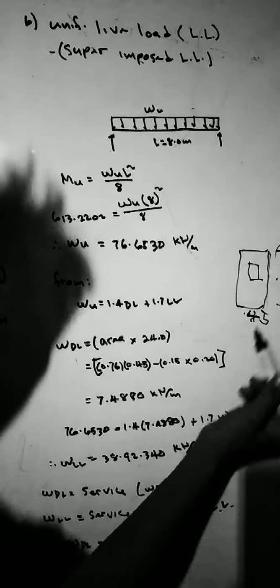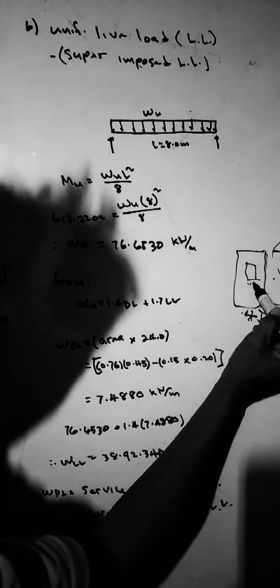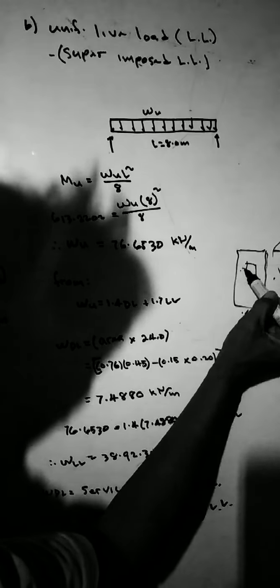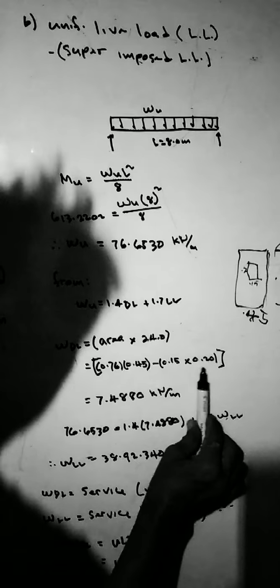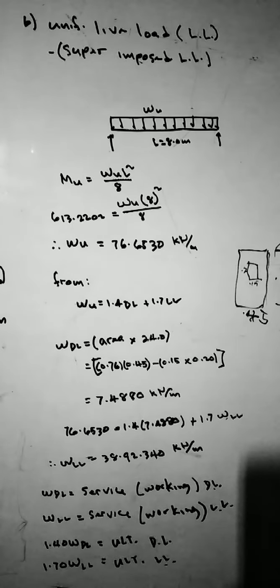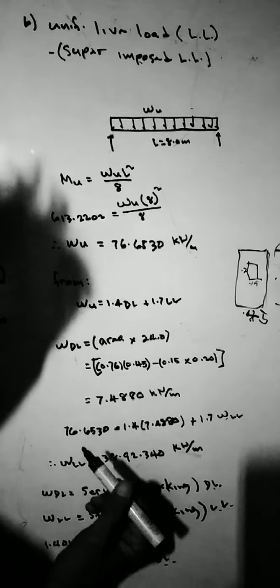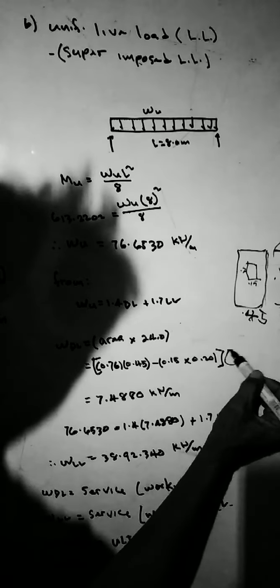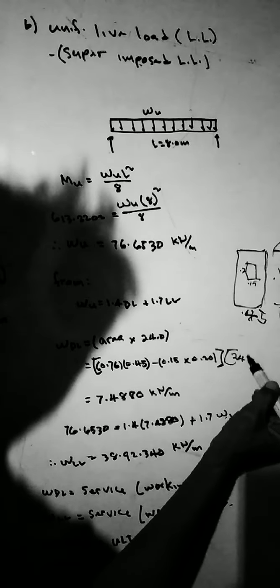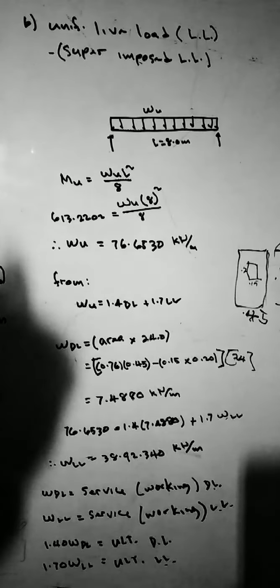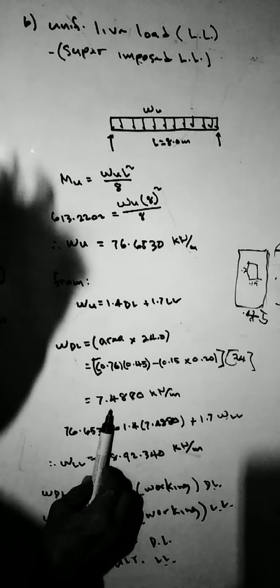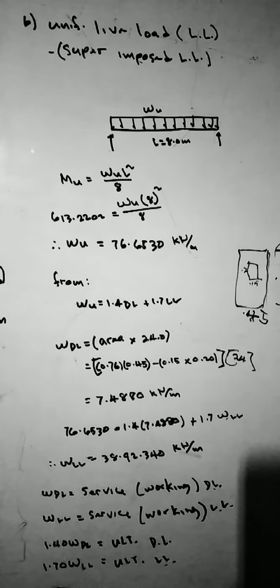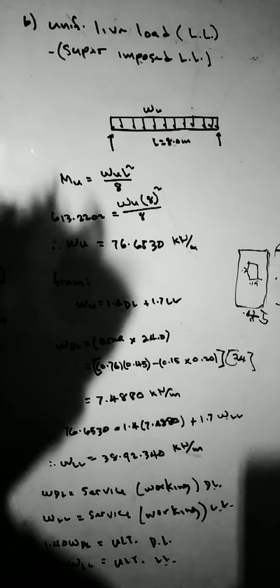That is 0.2 here and 0.15, so this is 1 minus 0.15 times 2, then times 24, the weight of the concrete. This will give us 7.4880 kilonewton meter, the dead load of the section.